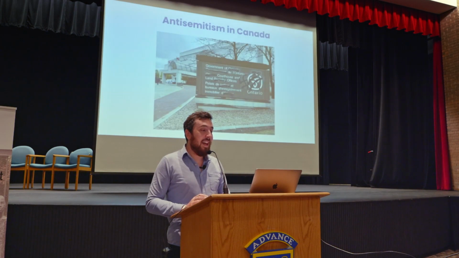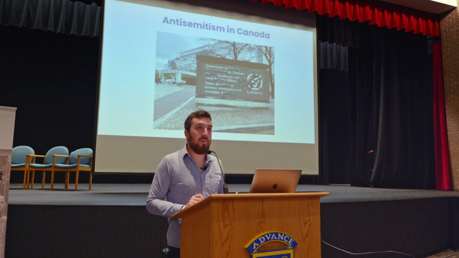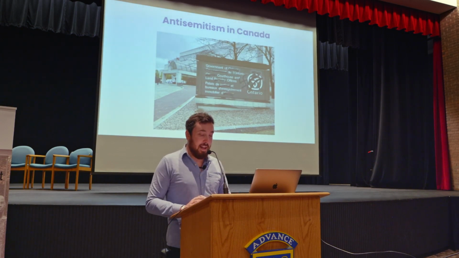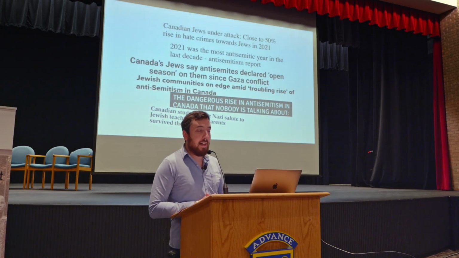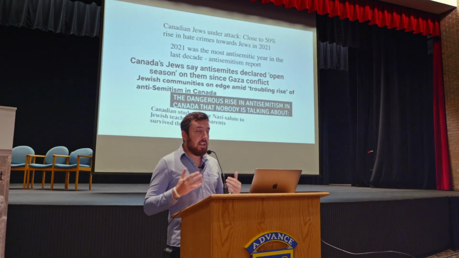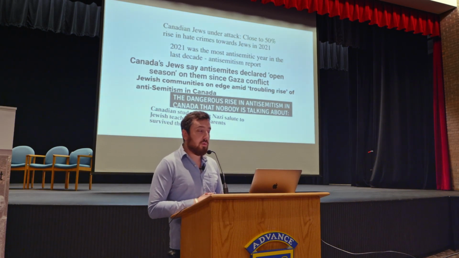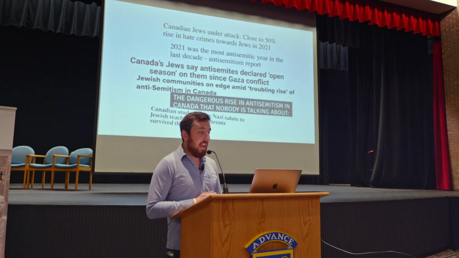So let's look at anti-Semitism in Canada. Here's, of course, some graffiti that was at the provincial court here in Ottawa. I found this picture online. But a couple of news clippings just from the last year or so. Right? Canadian Jews under attack, close to 50% rise in hate crimes towards Jews in 2021. 2021 was the most anti-Semitic year in the last decade.